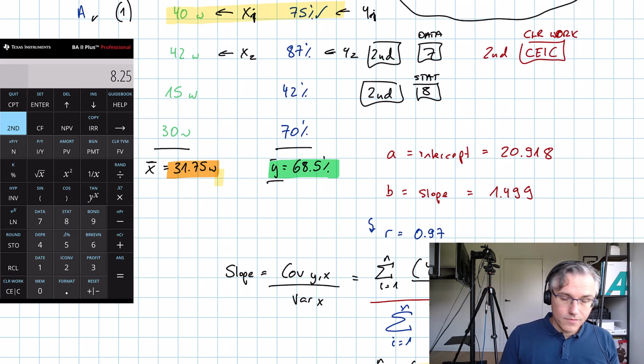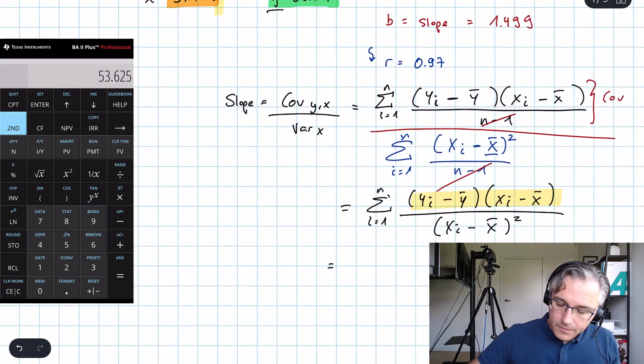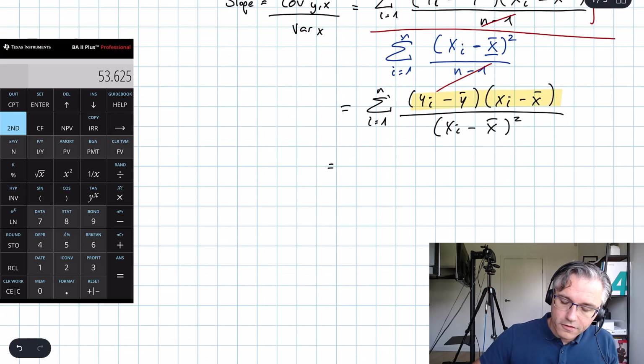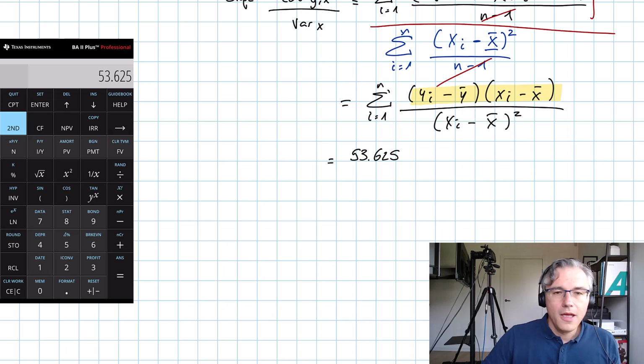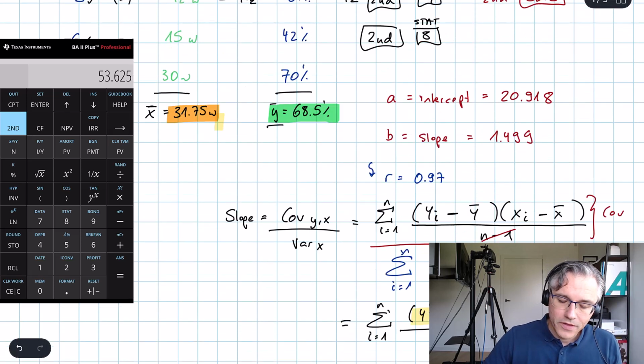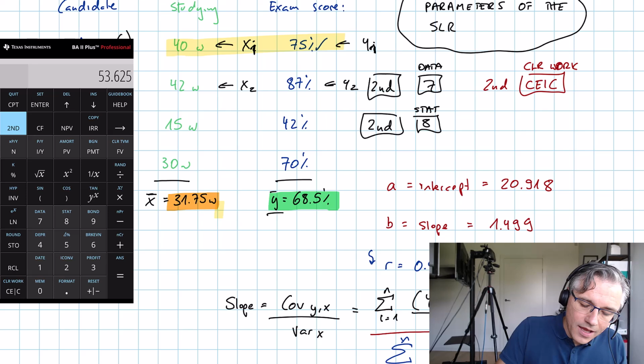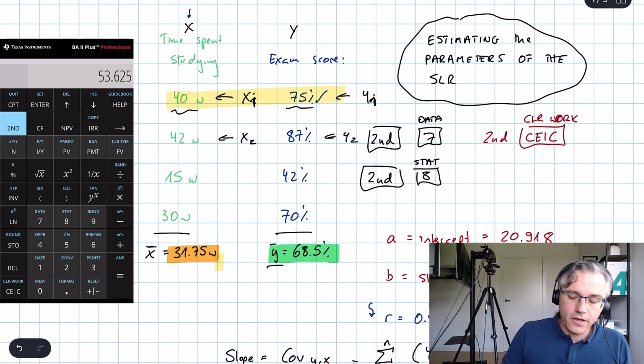That was, I opened the bracket by the way, 75 minus 68.5, close that bracket, equals, right, one difference times the other difference gives 53.625.